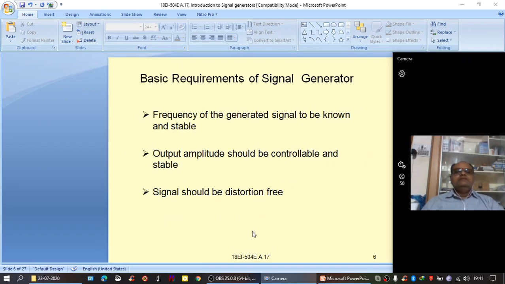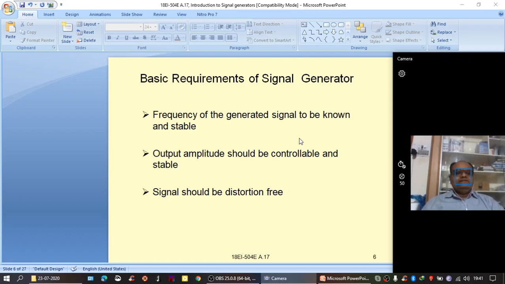Basic requirements of a signal generator. If we want to use a signal generator, what are the basic requirements that we have to check for? The frequency of the signal generated should be known and stable.